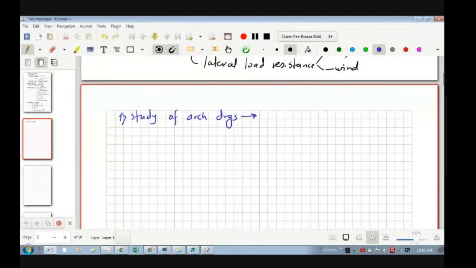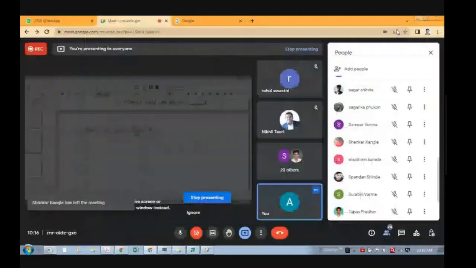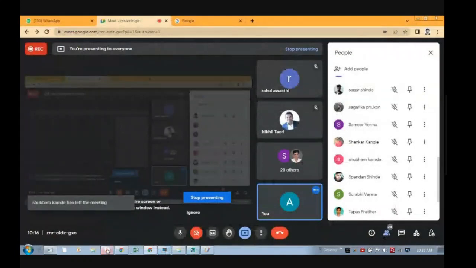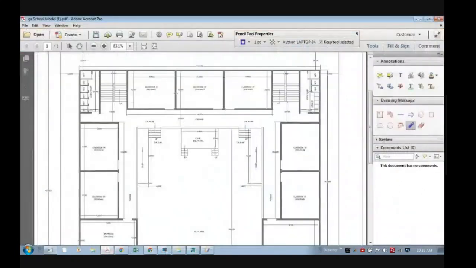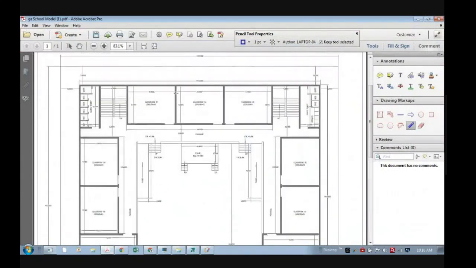What should be studied within the architectural drawings? Let's see first. Now you can raise questions also, I don't have any problem. Let's first go through this plan.